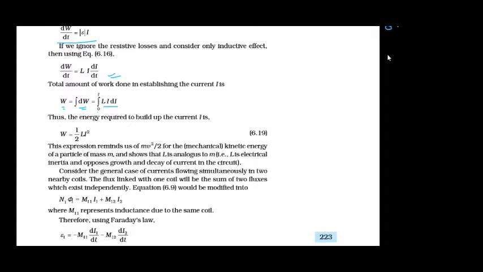So W is equal to half L I square, which is this equation.